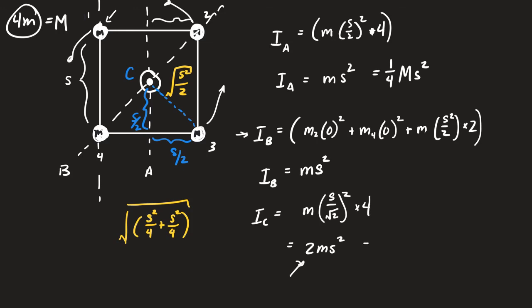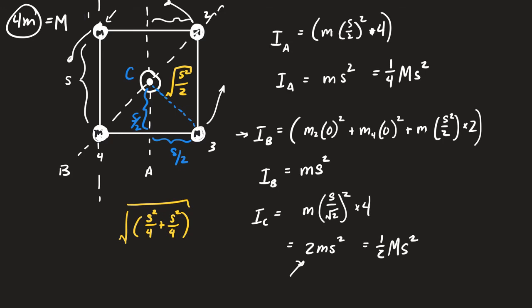Similarly, 1/2 M S squared. Now these are in terms of the mass of the system. All rigid body moments are in terms of the mass of the system. And it is not out of the question for you to be asked to put these in terms of the mass of the system as well.